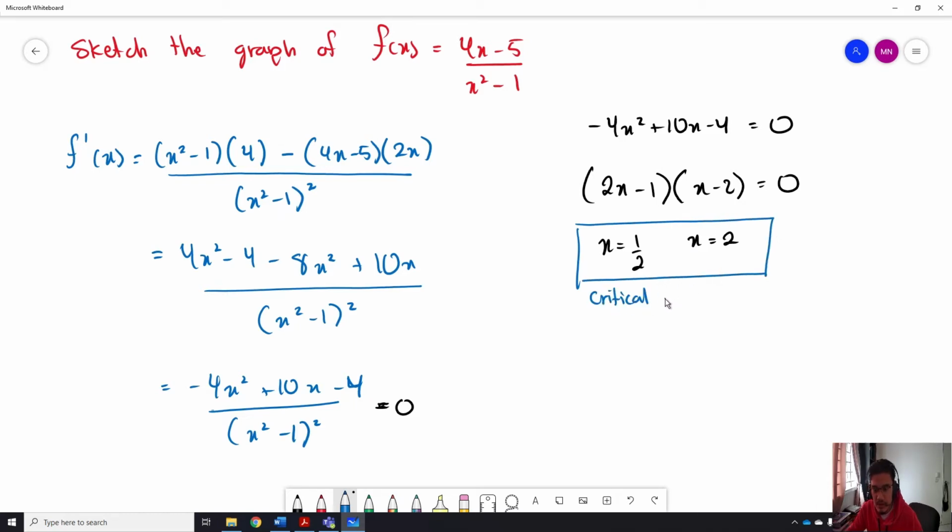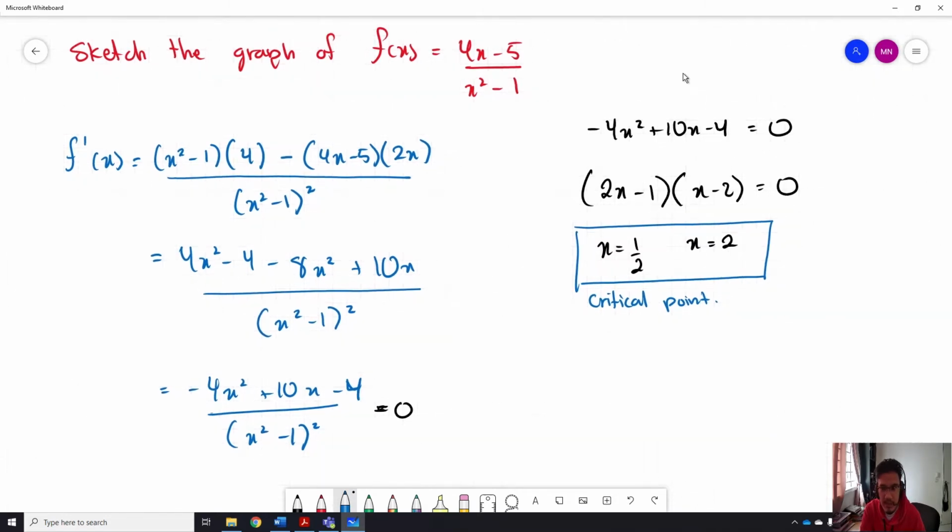These are critical points, but it's actually not a point yet because we don't have the position for the y-axis, but never mind. We find the y value by substituting the value of x into the original equation. f(1/2) gives 4, and when we substitute 2, f(2) gives 1.